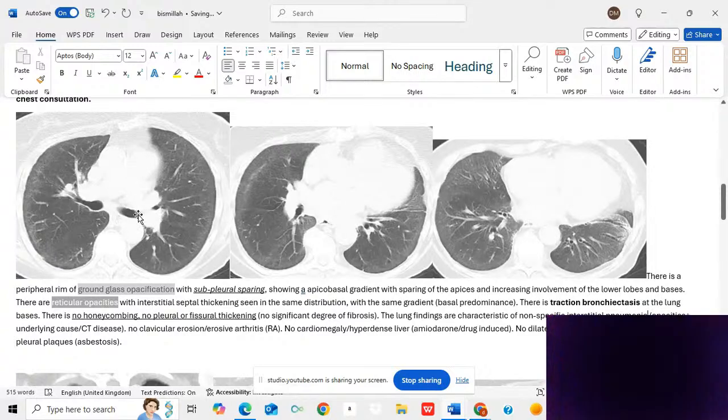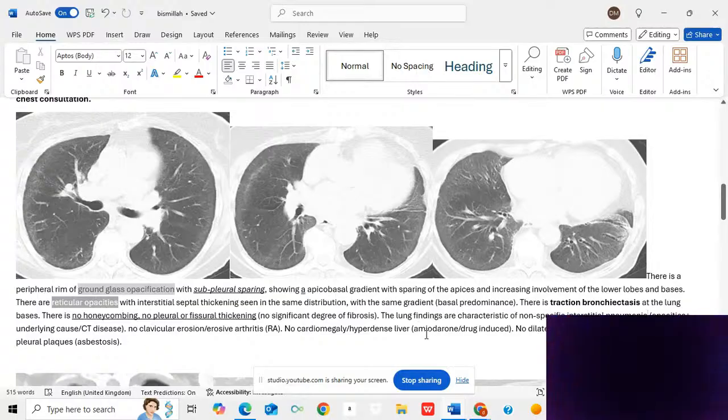This case has evidence of connective tissue disease in the history. Also, you need to search for the underlying cause. No evidence of rheumatoid arthritis, as there is no evidence of clavicular erosion.